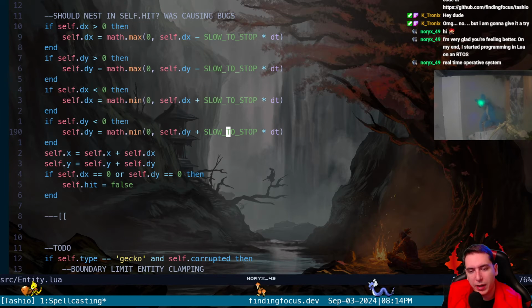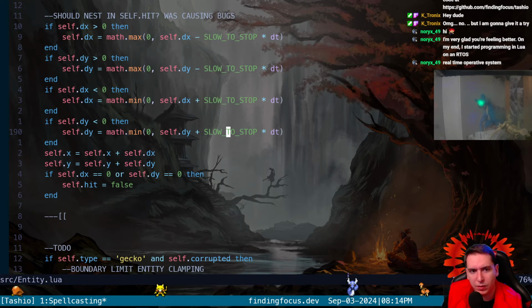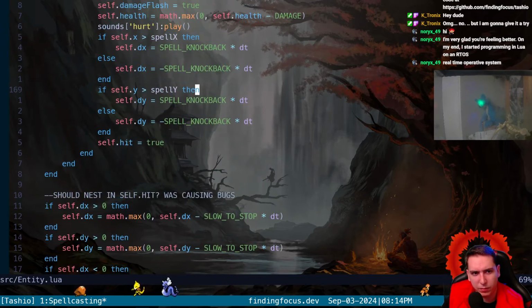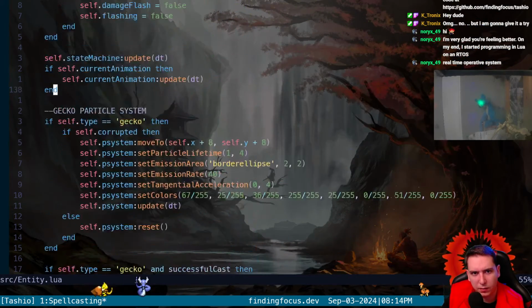So it's supposed to negate our change in x and y position. But why would it take so long to stop when we have 5 times as many frames? This is in our update function, right? Yeah.